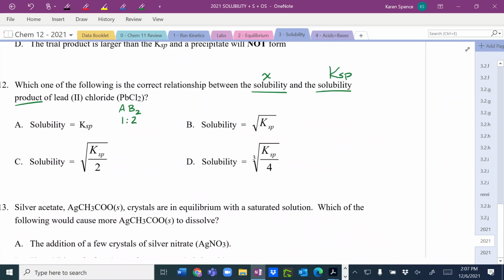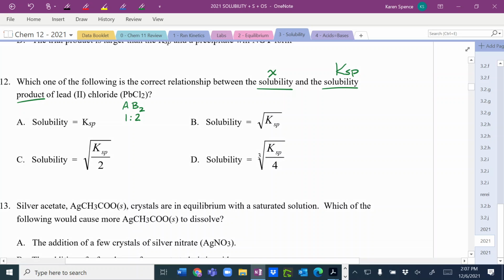Yes? And the shortcut is that for a 1 to 2 compound, Ksp, what is it equal to? 4x cubed. Would anyone like to see how we derive that? Yes? Okay.